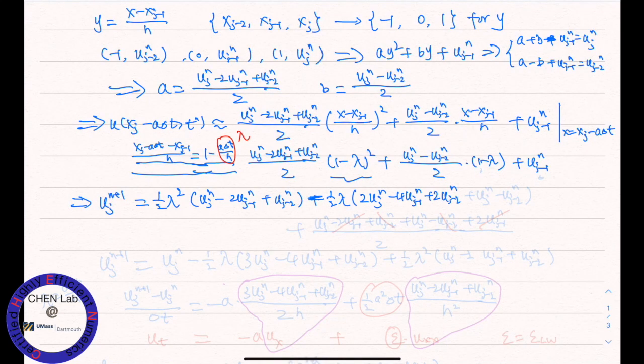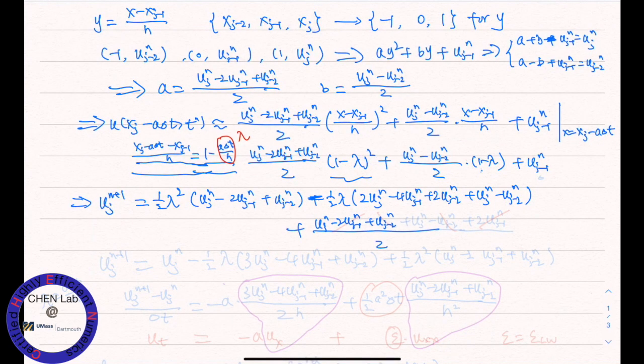The second term is you have automatically this u_j^n minus u_{j-2}^n, right? Plus the constant term, a little bit messy, but it's okay. You get 1 from the 1 minus lambda squared, and 1/2, you have this u_j^n minus 2 u_{j-1}^n plus u_{j-2}^n, right?